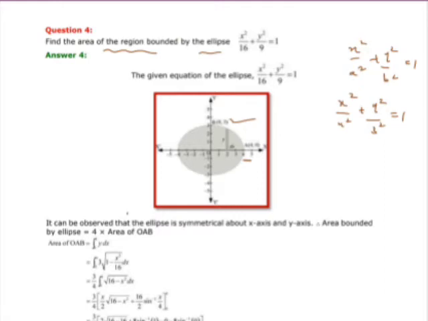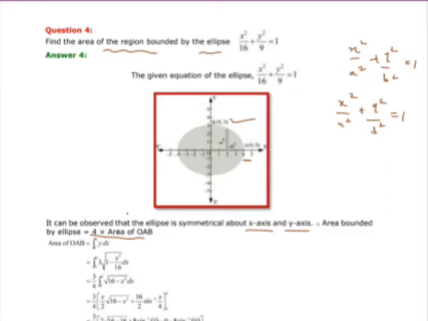So let's see the first quadrant here. The strip width can be taken as dx and the length of the strip is y, so it is y dx, right? It can be observed that the ellipse is symmetrical about the x-axis and y-axis. The area bounded by the ellipse is 4 times the area of OAB, right? One side we are finding here.